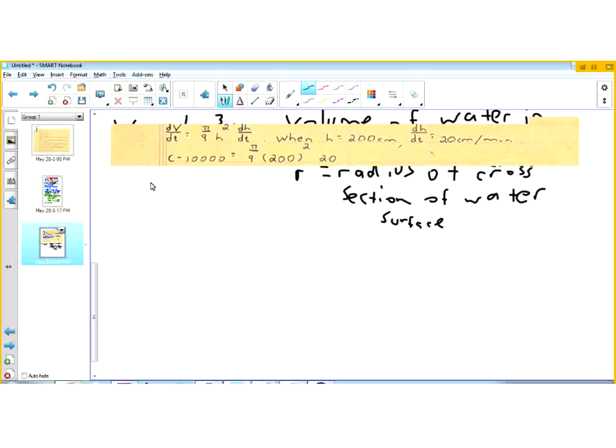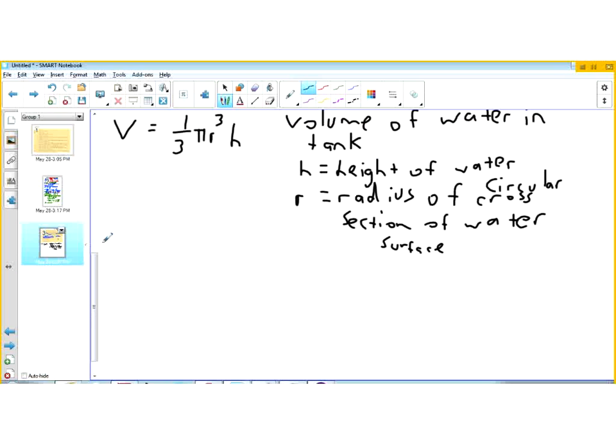All right, so now we know that the change in the volume of the water is with respect to time. So we have two variables. Obviously, as the depth of the water increases, r and h are changing with respect to time. So we have to use the product rule for differentiation to compute the change in volume with respect to time.